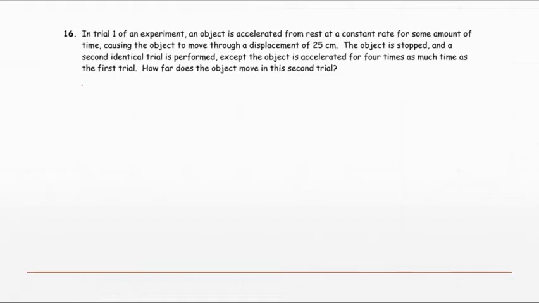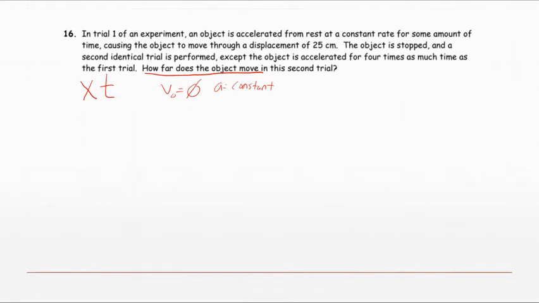So I'm looking at how position and time are related, because the question is, how far does the object move? Again, we have started from rest, so velocity initial is 0, and our acceleration is constant in both scenarios.